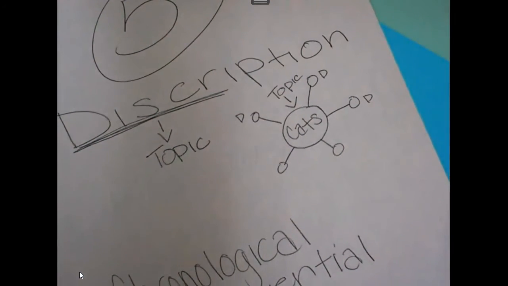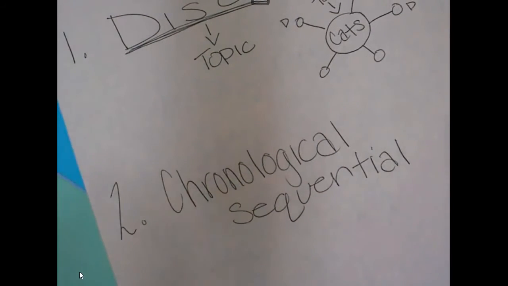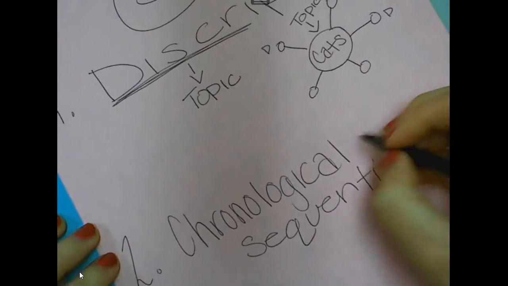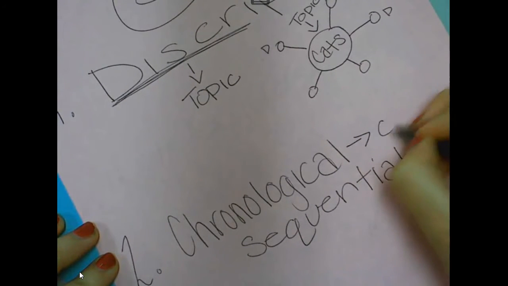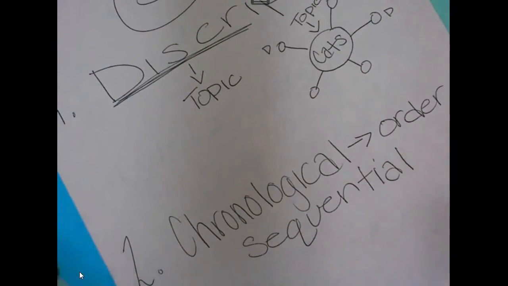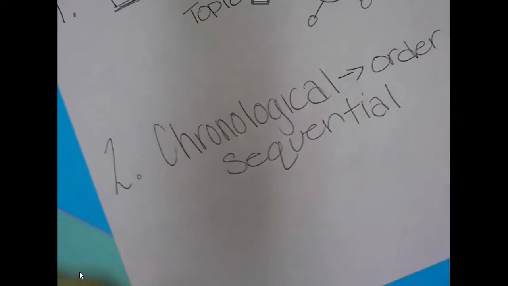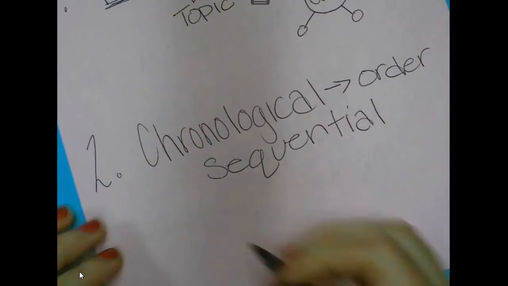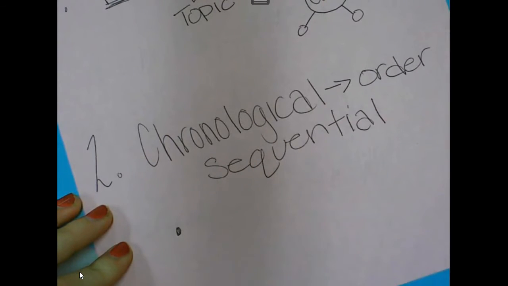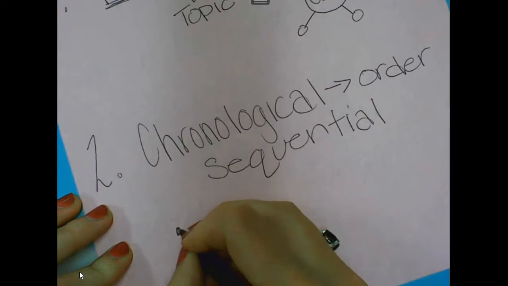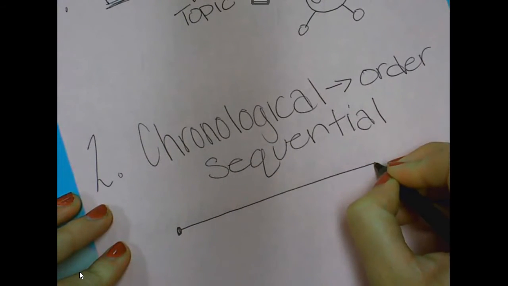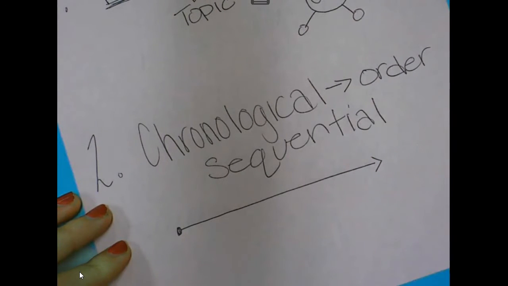The next one you will see a lot of is chronological, sequential. Chronological means order. This is the logical order of telling a story. You start at the beginning of a story, and then you move forward. So think of it like this. Whenever you ask your child, how was your day?